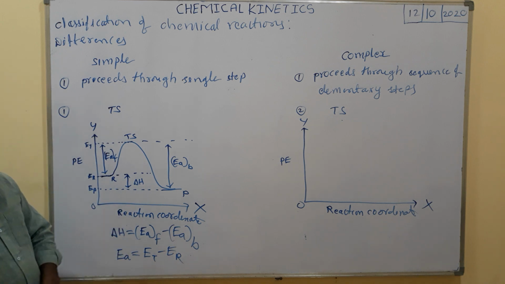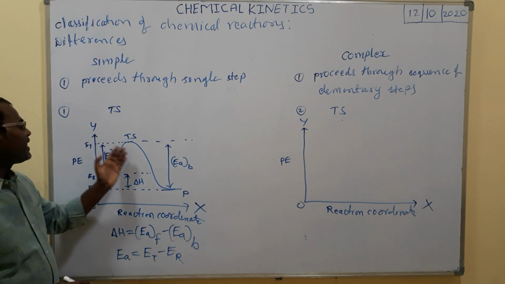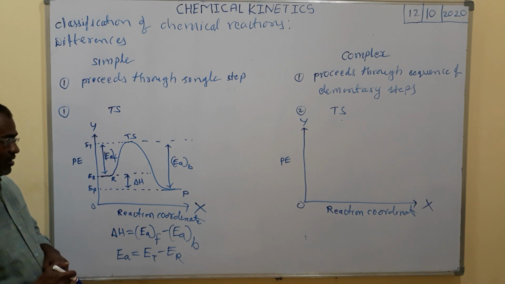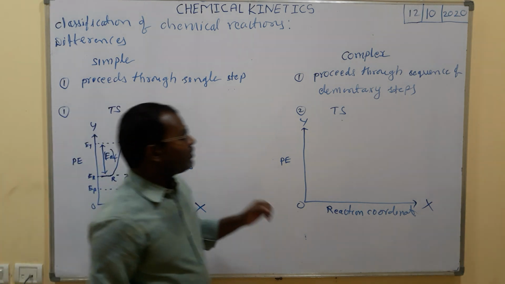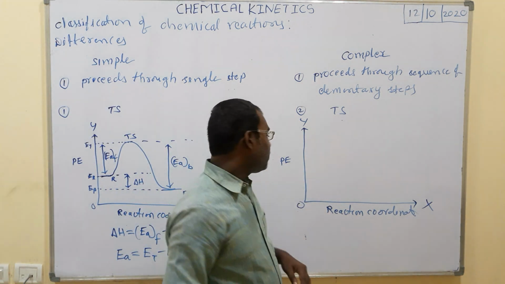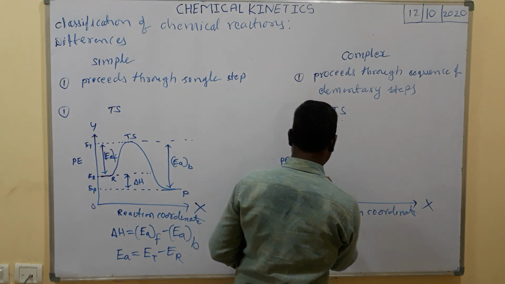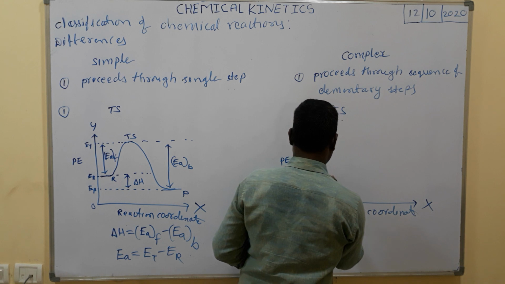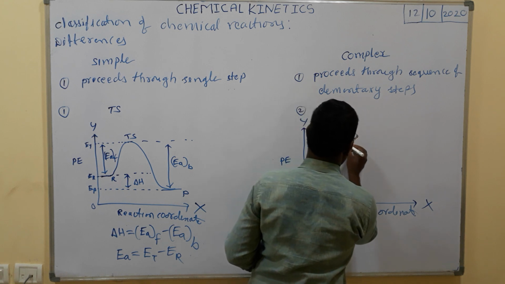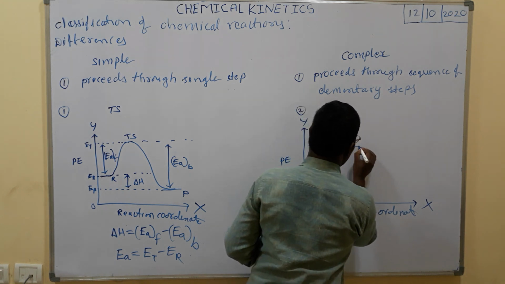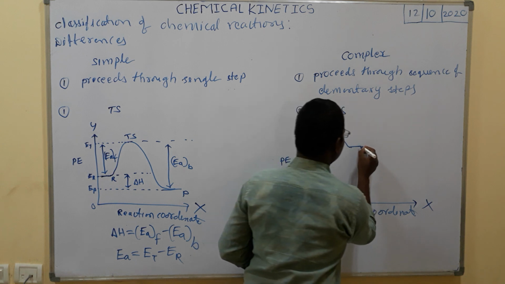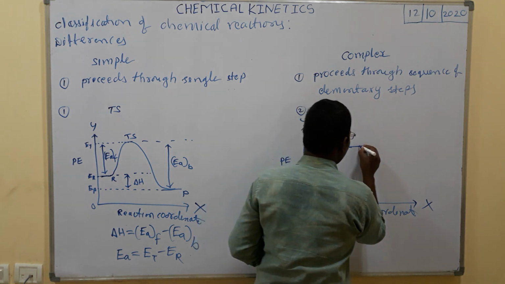So this is about the energy profile diagram, which indicates the formation of the transition state. If you take the energy profile diagram for complex reactions, there also we have the reactant and product.